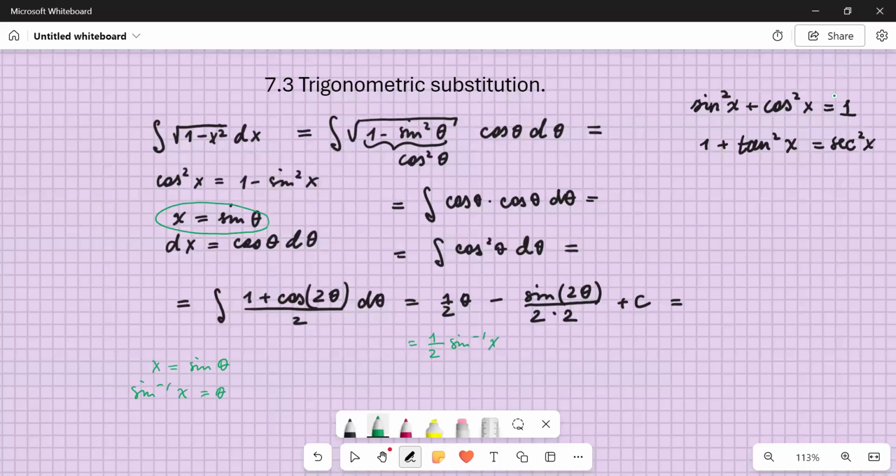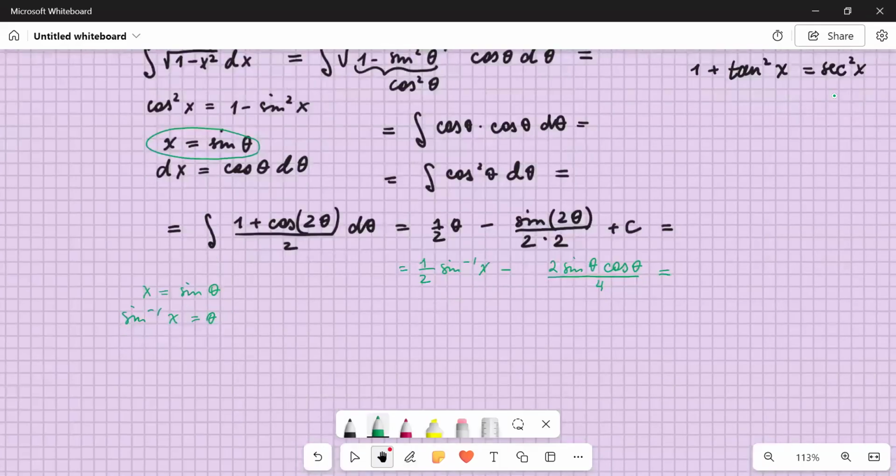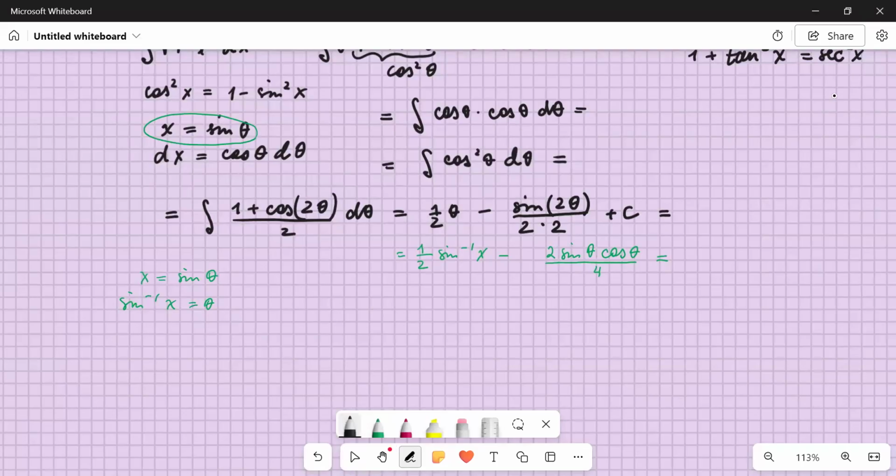What should I do with this expression? This expression is more complicated. Here I'm going to use the formula for double angle. So I'm going to consider sine of 2 theta as 2 sine of theta cosine of theta, and divide it over 4. You probably ask me how it's going to help. Let's go back to black. Okay, so I'm copying the first expression, 1 over 2 sine inverse of x.